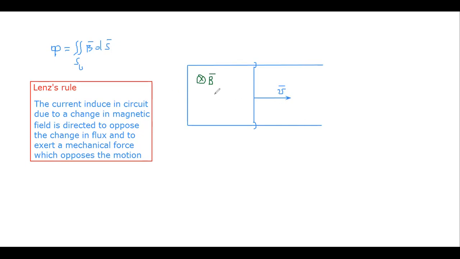And because of this motion, the area of this circuit changes, and this change in area leads to change in magnetic flux.